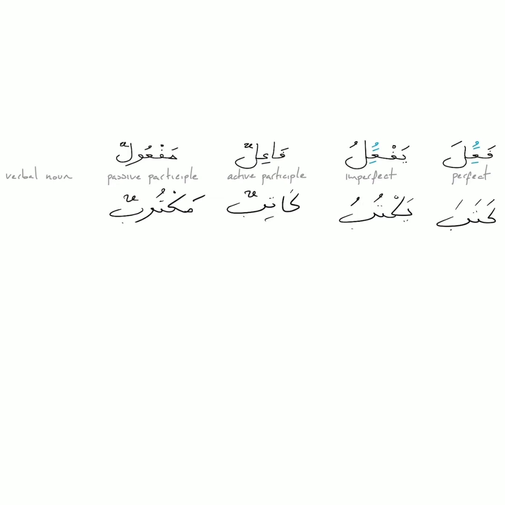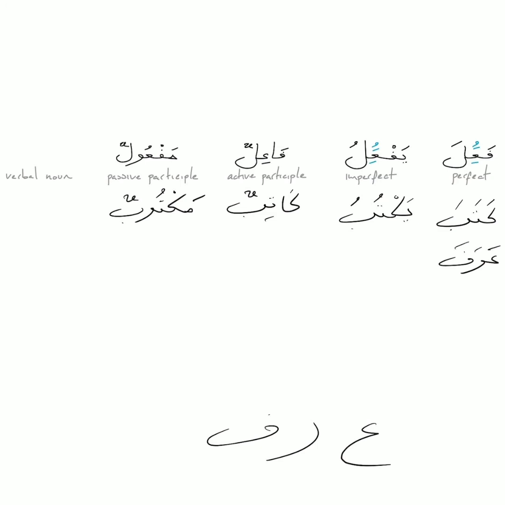So if we go through the example of arafa, if we have the root letters ain, ra, and fa, any word with these root letters will have something to do with knowing, yeah? So plugged into the first pattern, it becomes arafa, which means he knew.